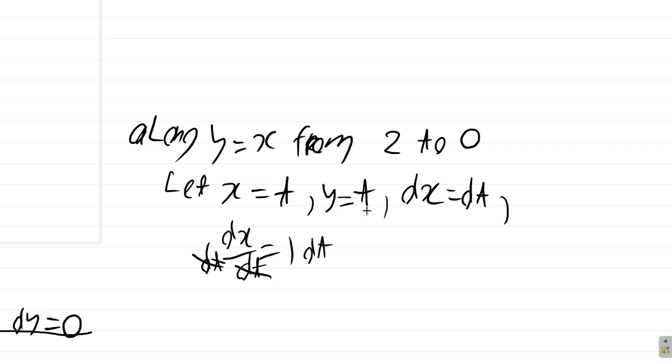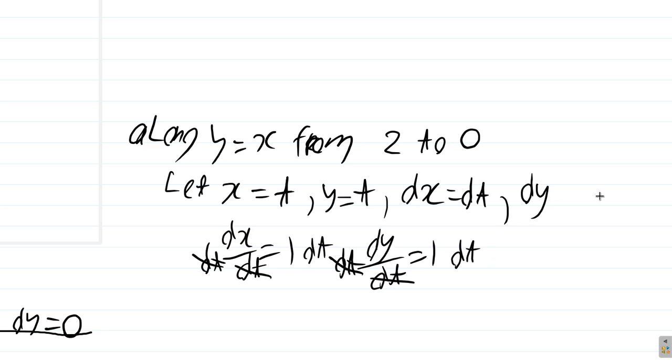And then we want to know what dy is. If you differentiate with respect to t, dy by dt is 1. Multiply both sides by dt, and dy is equal to dt.